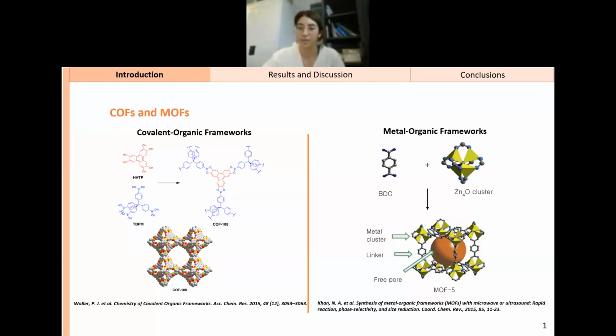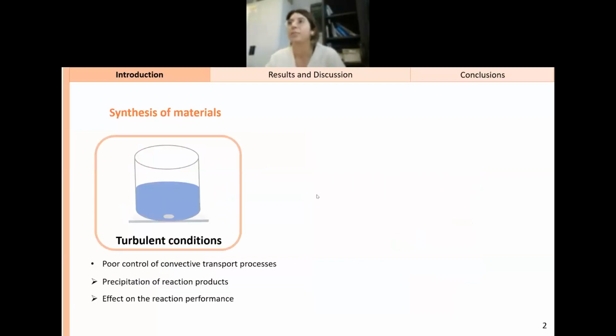After this introduction, the challenge of these materials is that they have to be crystalline, and it's important to control their synthesis. We as chemists usually perform the reactions in bulk. This means that we usually employ stirring, and we are working under turbulent conditions.